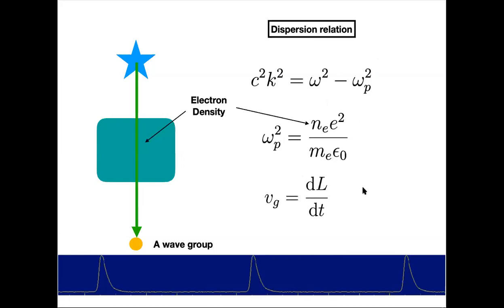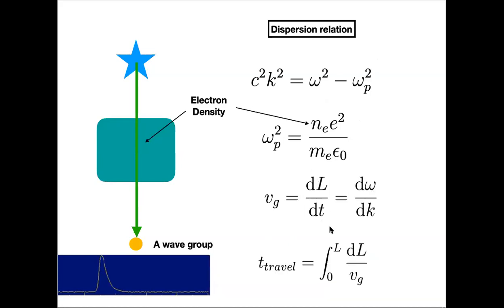And you remember that the velocity of this is called the group velocity. The group velocity is nothing but how much time it takes to travel a distance dl, or dl by dt. Now we also know from our wave physics that dl by dt, the group velocity, is given by d omega by dk.